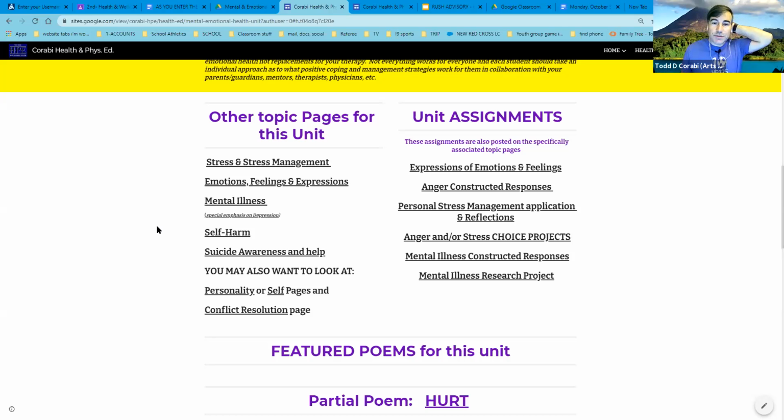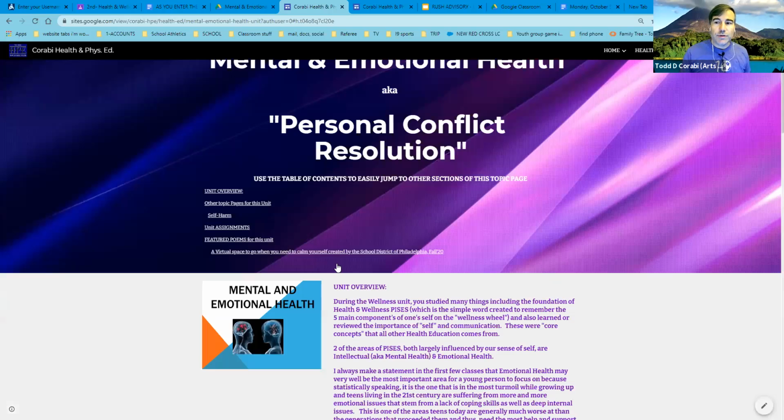It would be an optional extra class for those that want to provide their expertise or just be able to learn more about it, to be able to support their loved ones, family, and friends. The topics of mental illness, depression, self-harm, and suicide awareness may come up organically in the classes, and we can't control that. But I just wanted to fill you in on those things.